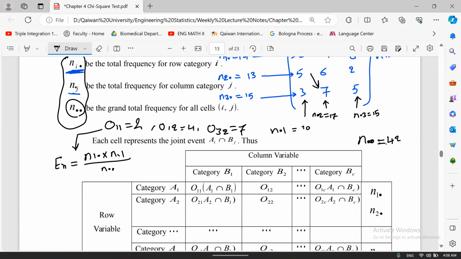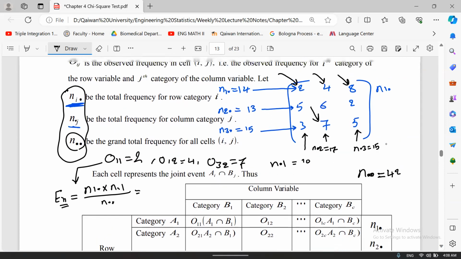You don't need to memorize the rule. It's easy to remember this rule. As you see, we have 1, 1, so both have 1 in the numerator. And in the denominator, we always have N double dot. E11 is that.